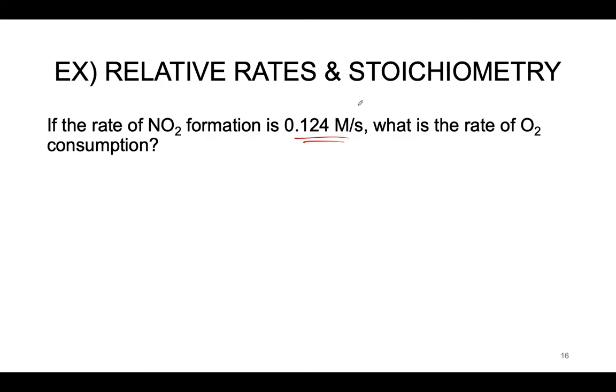And I would like you guys to find what is the rate of consumption of our oxygen. And so you don't have to go back to any of the previous slides or scrub backwards in the video, our balanced chemical equation, again, is 2 nitrogen monoxides plus an O2 gas goes to 2 nitrogen dioxides.